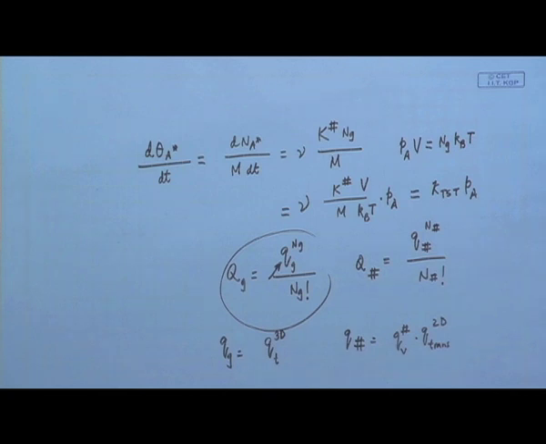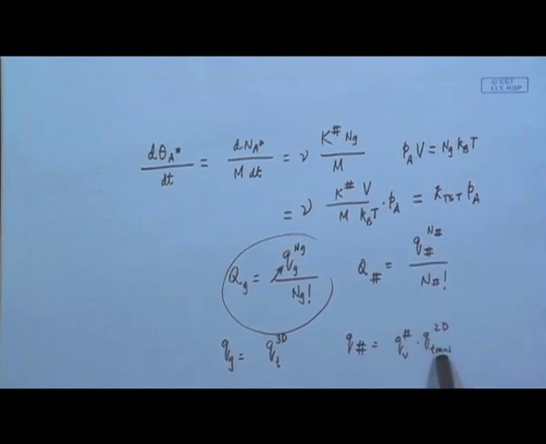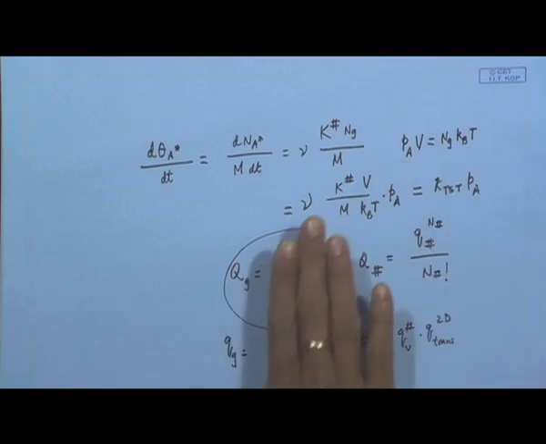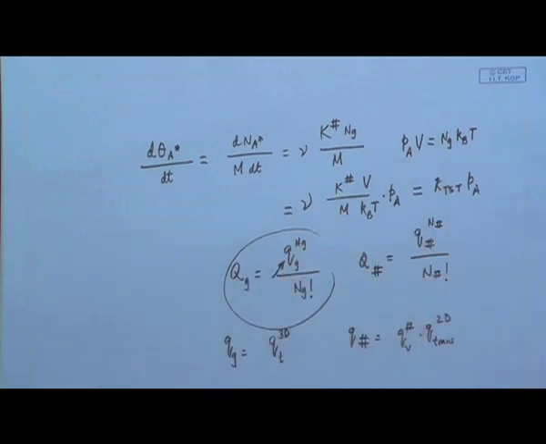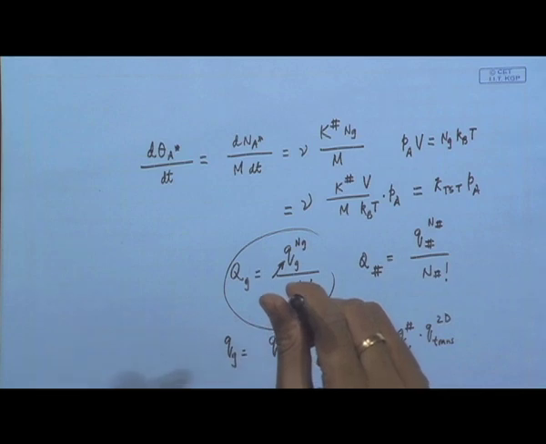So why 2D? Because as soon as the gaseous atoms are confined, they can move in 2 dimensions only, this way or that way. The third dimension, moving to the top, is not there.